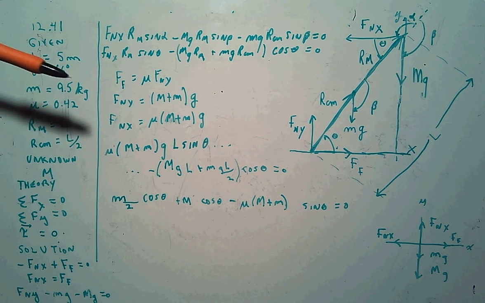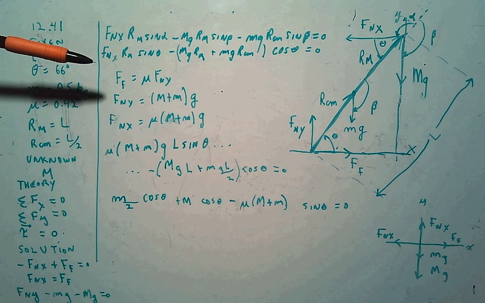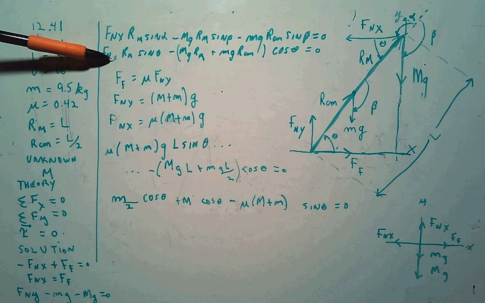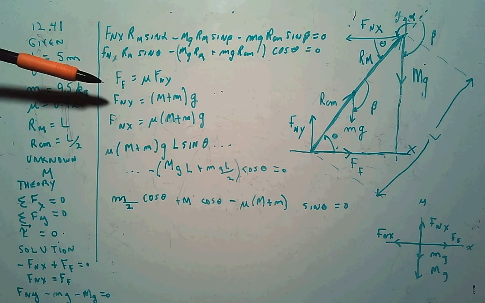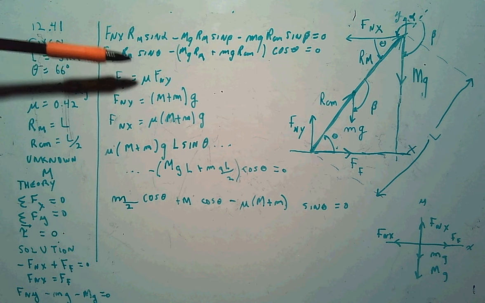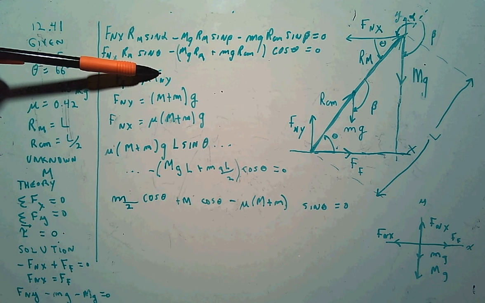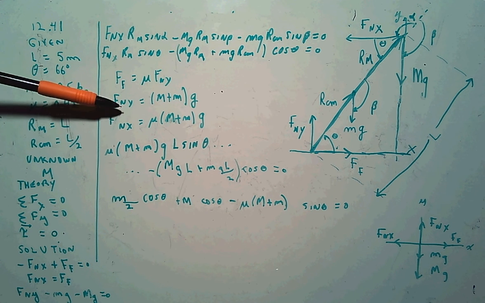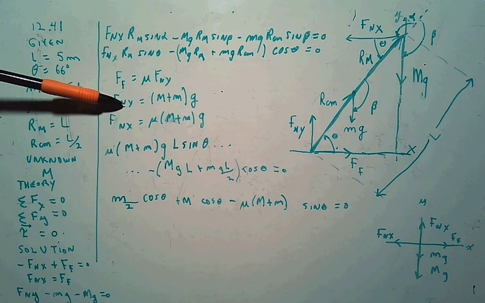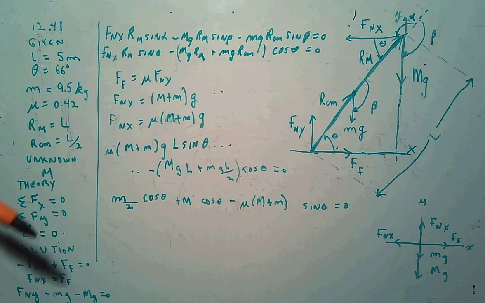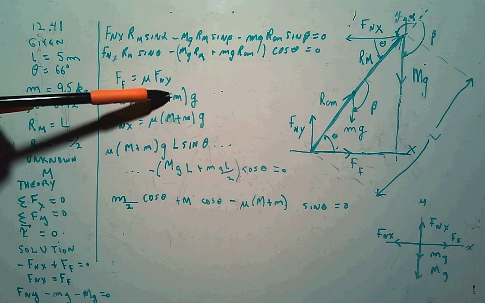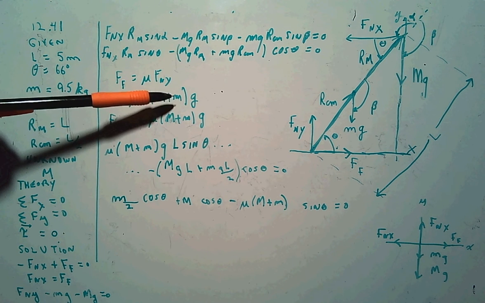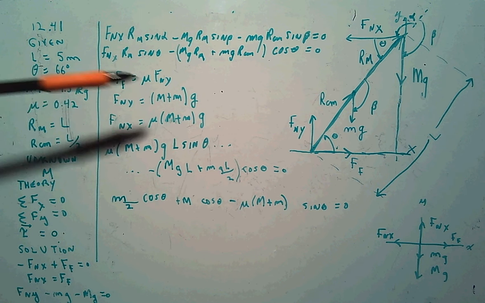Then all we need to do right now is get rid of this Fnx, and get it in terms of the weights. And we can do that because the force of friction is mu times Fn in the y direction, and Fn in the y direction, due to this equation right here, is just equal to the sum of the weights pushing down on the ladder vertically.